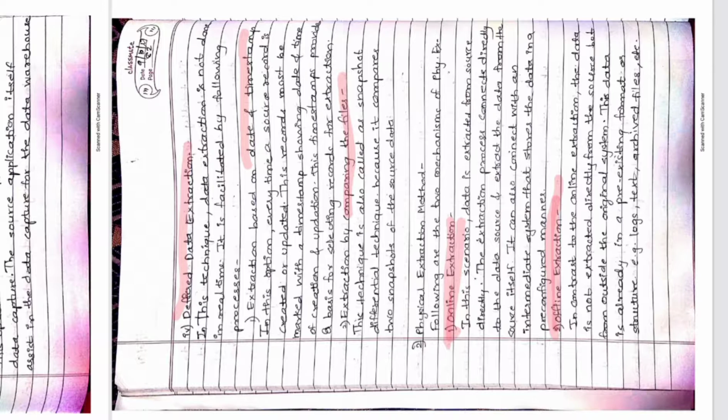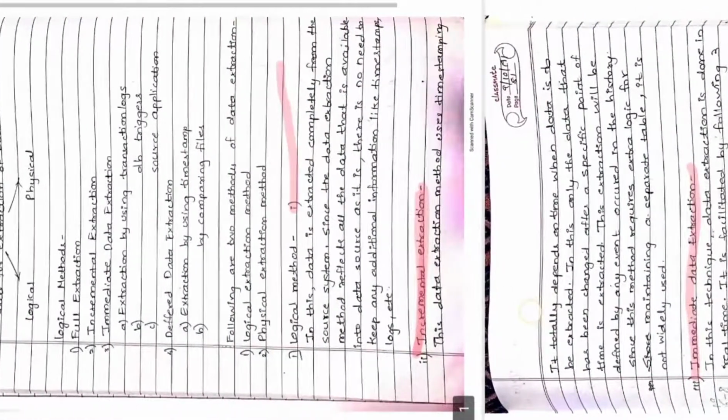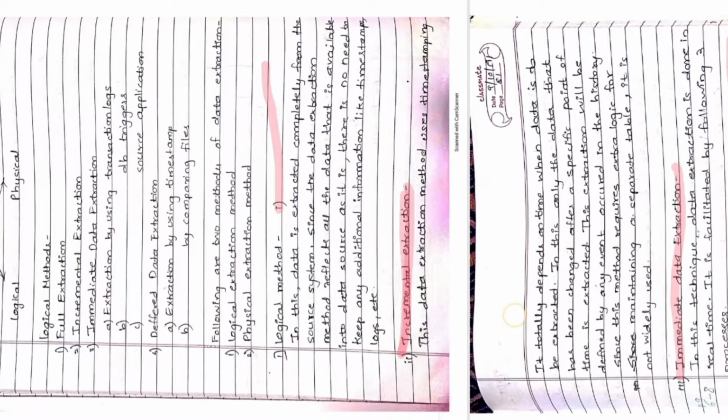Now let me summarize whatever we have seen today. In ETL extraction, we have two types. First one is logical, second one is physical. The physical extraction has two types: the first category is online extraction, the second category is offline extraction. Then the logical extraction method has three types: full extraction, incremental extraction, and immediate extraction.